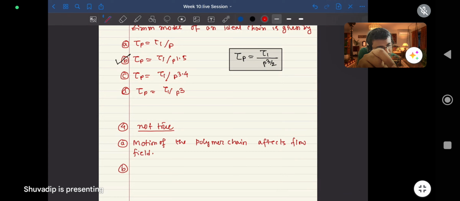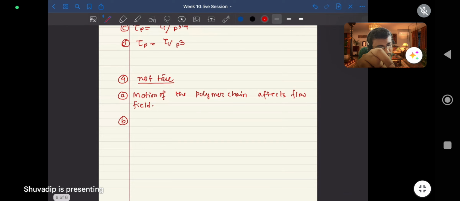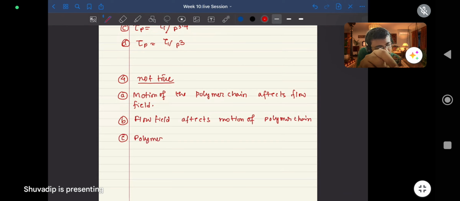Option B: flow field affects motion of polymer chain. Option C: polymer chain ceases to move in zero flow field.